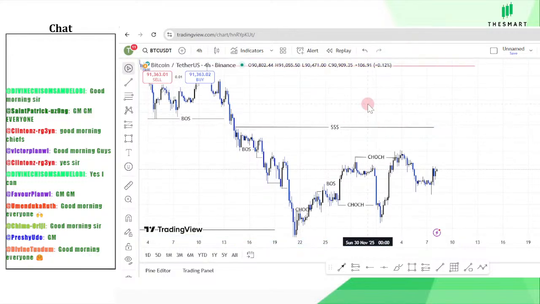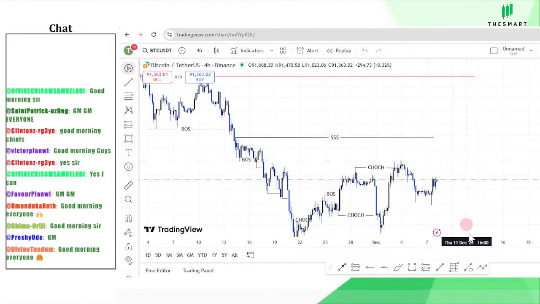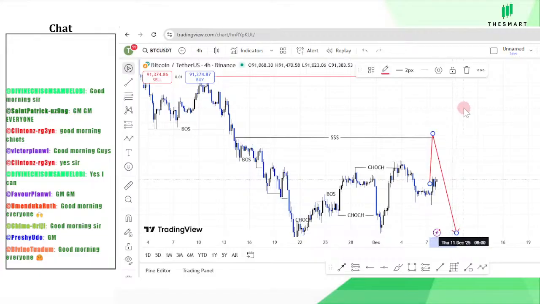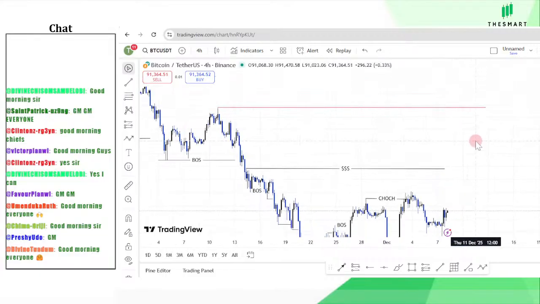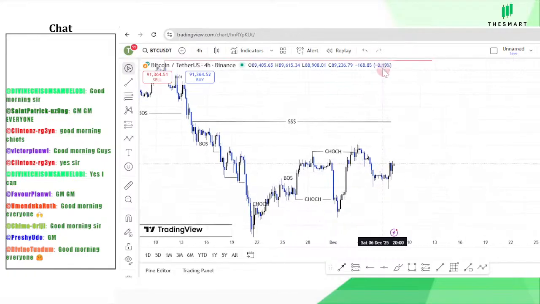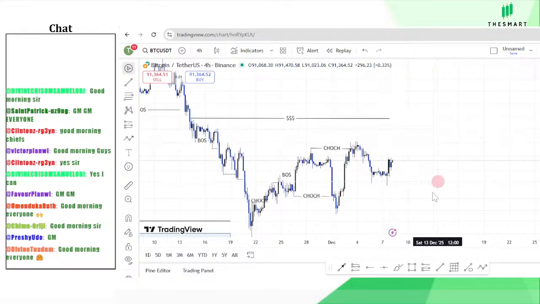Before any reversal, if there should be any reversal, price should give us this sort of confirmation, maybe sweeping this high before reversing to the downside, or price trading and filling this level we had from the daily zone, the daily level. So what is our next point of interest here?